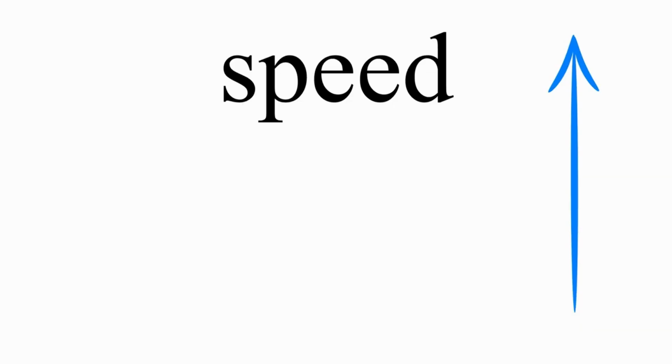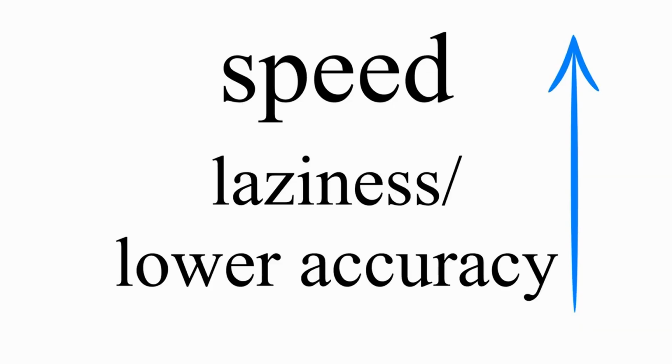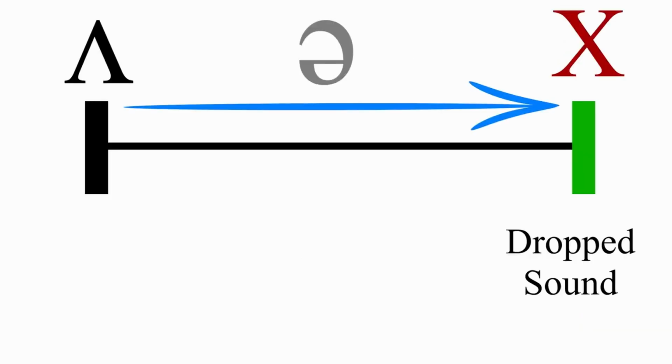So again, notice we're increasing the speed, we're increasing the laziness, or we're lowering the clarity, the clearness, and the enunciation of the sound to the point where it might completely drop, and it just actually disappears. So sometimes this might lead to a syllabic consonant, sometimes it might just disappear and the next syllable starts.